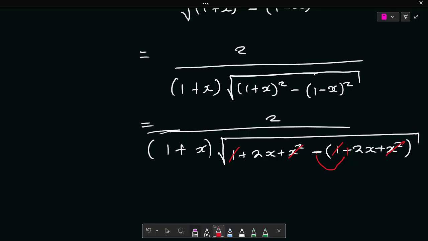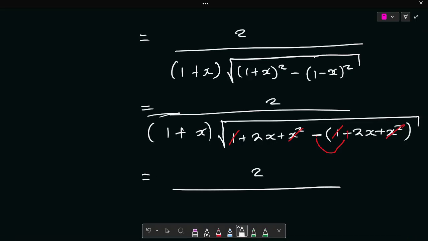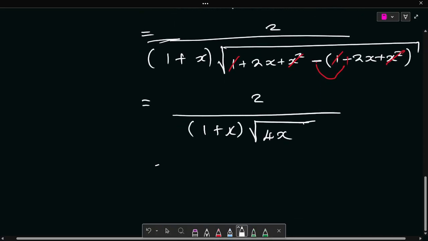So what we're going to have is 2 over 1 plus x, square root of 2x plus 2x, which is just going to give you 4x.